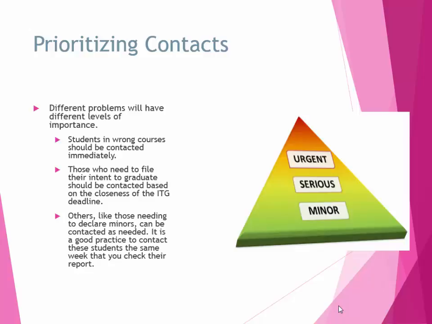It can wait till the end of the week. The only time that's not the case is if the deadline is at the end of the day or something like that, and then you would need to prioritize them as well. Things like declaring minors, though, they get reminders every month about doing that. So if you want to wait till you get a big list of them and then send out a reminder, that's something you can do as well.